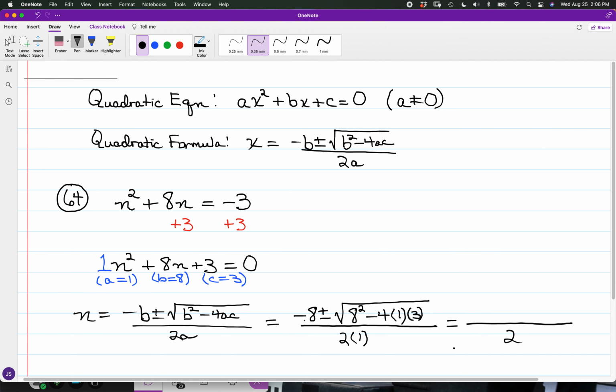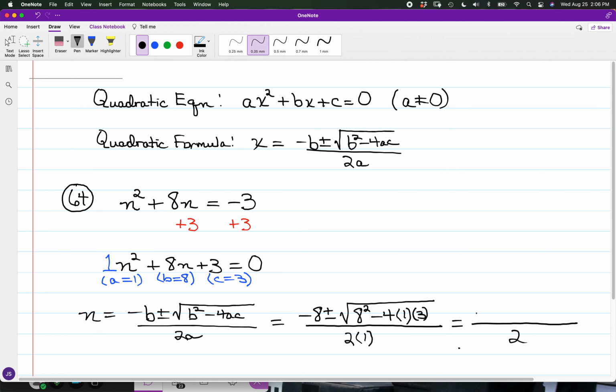Sorry about that. So 2 times 1 is 2, and we have negative 8 plus or minus the square root.